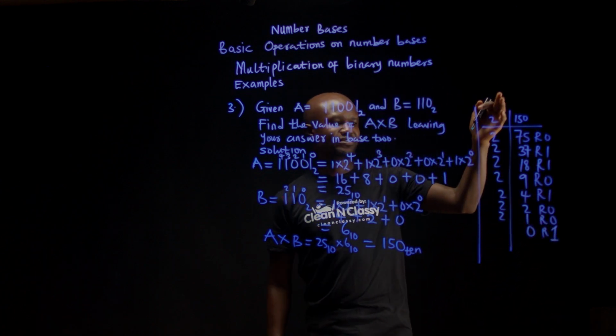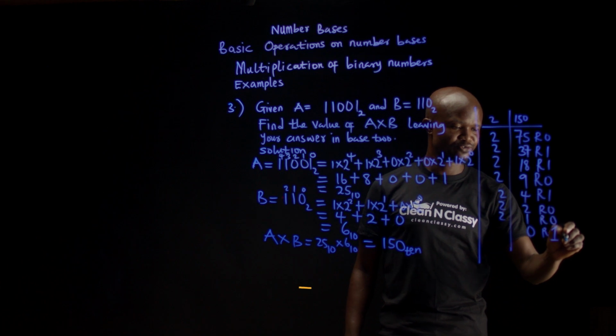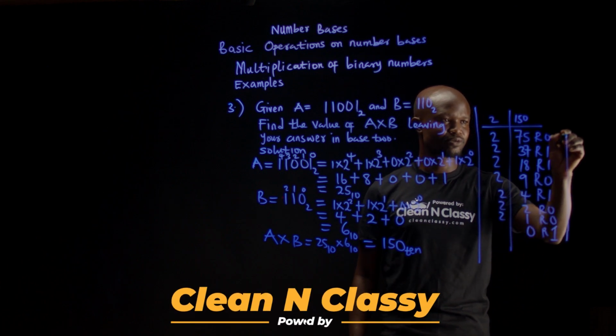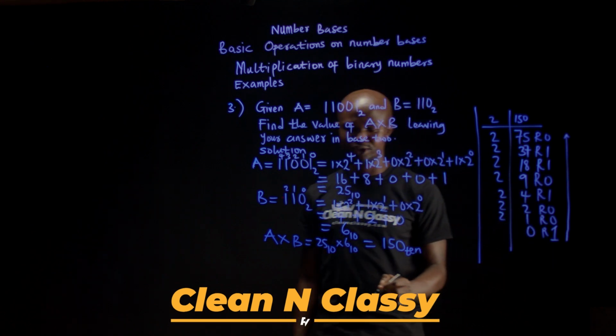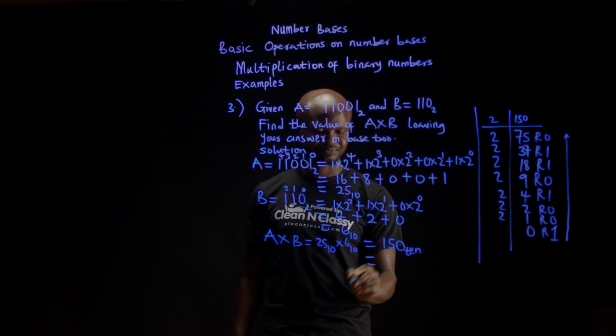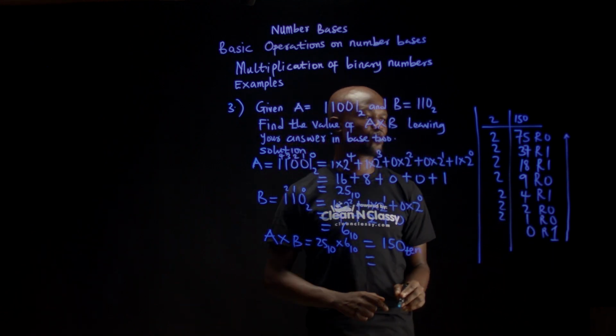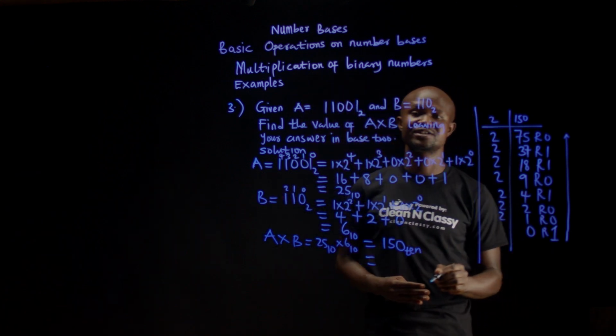So now, we take the values from the bottom to the top, from the last number to the top. So A times B will be equal to a value in base 2.